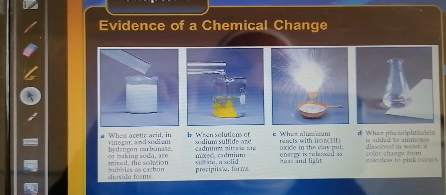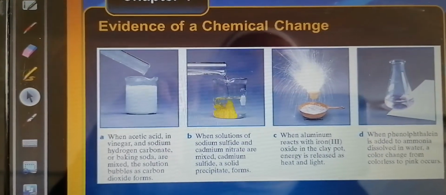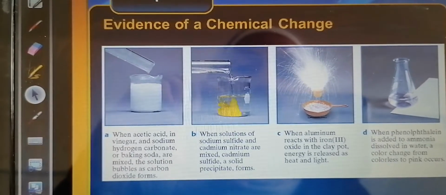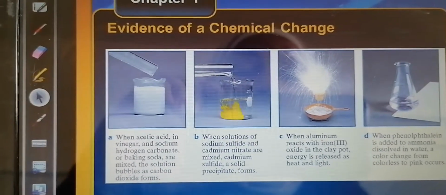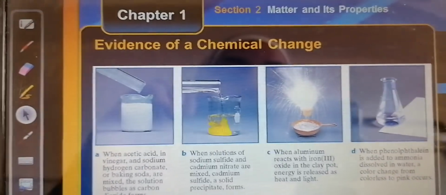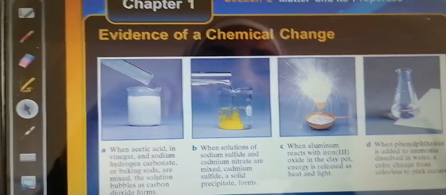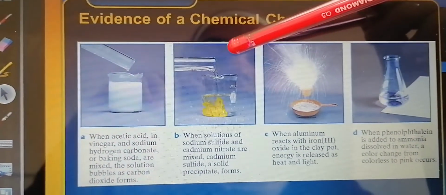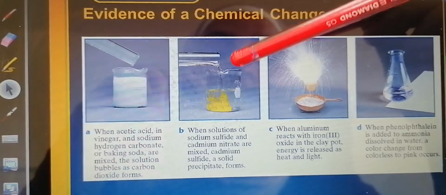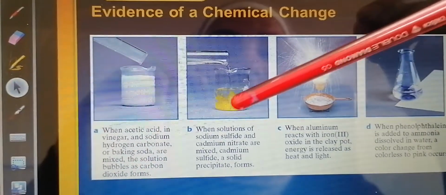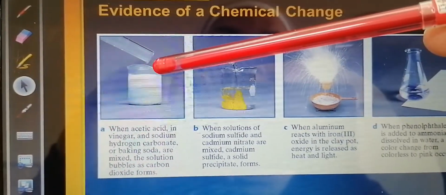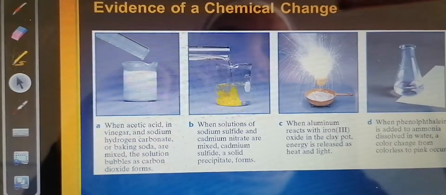So whenever we see these signs, you can tell that a chemical change or a chemical reaction has taken place. So very quickly, as you can see, here we have a formation of a precipitate. It's the yellow substance. Here we have presence of gas or bubbles.